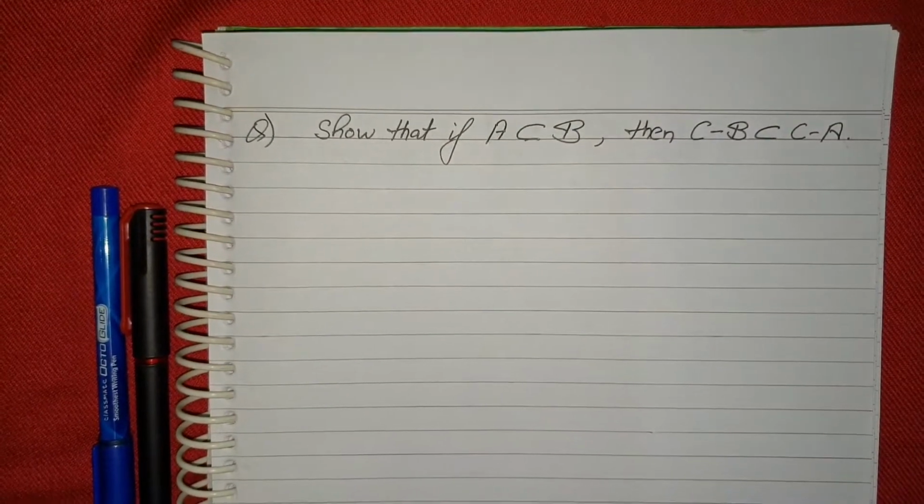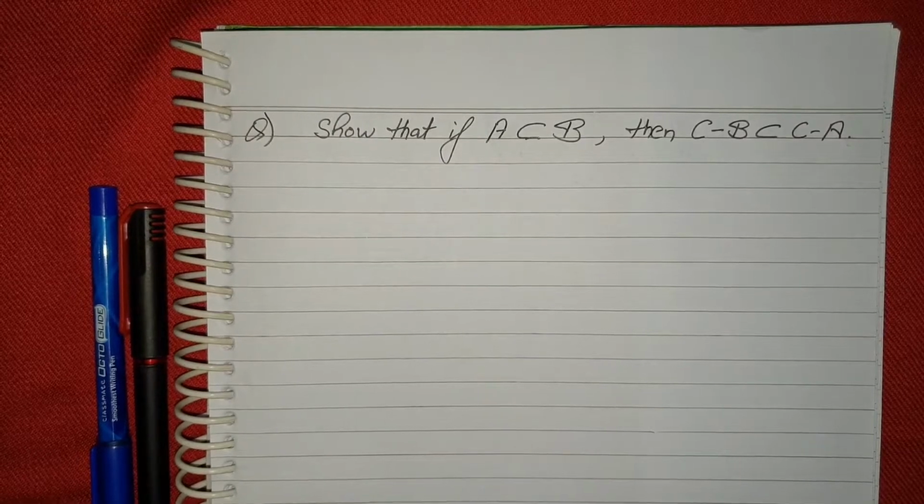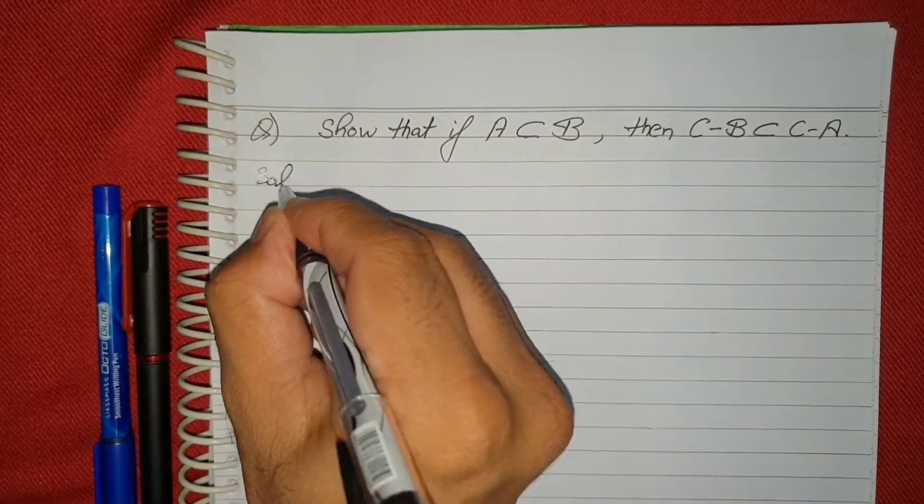So the next question is, show that if A is a subset of B, then C minus B is a subset of A minus C. So let's start the solution.